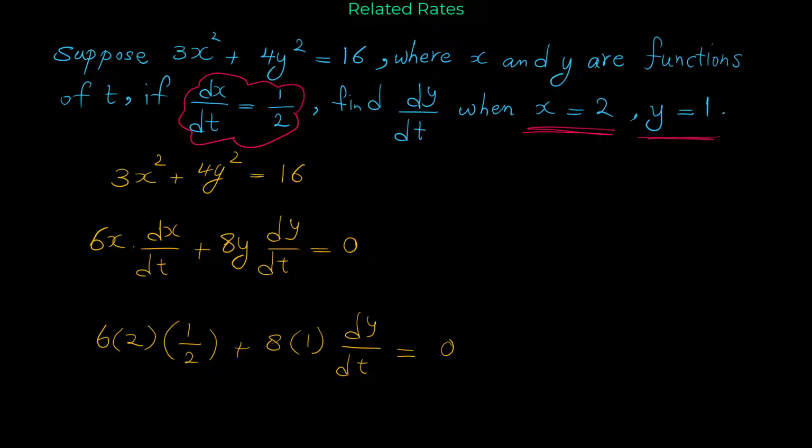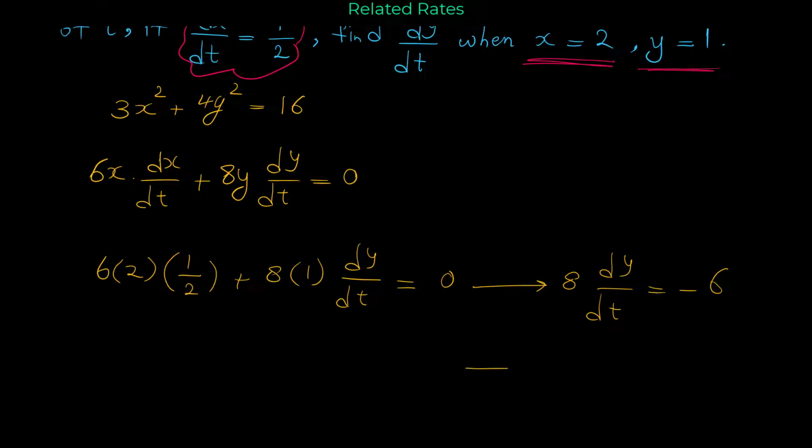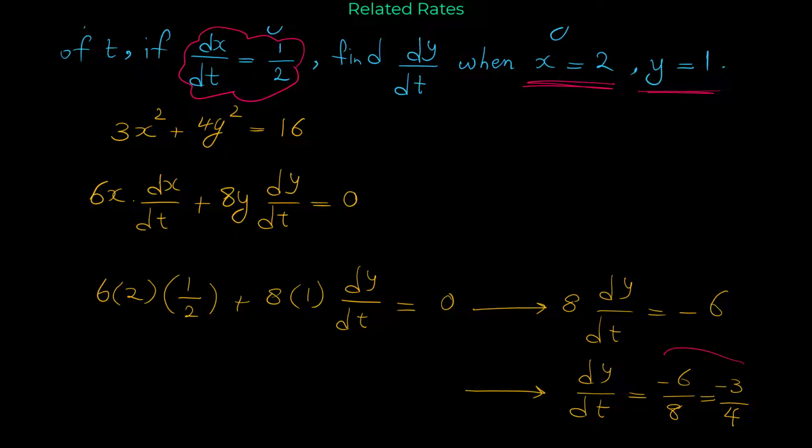If we solve this equation for dy/dt, attention, the 2 here with 1/2 cancels, so all of this is only 6. If we move 6 to the other side, then we have 8 dy/dt = -6. And so dy/dt is -6/8, or -3/4. So dy/dt is -3/4.